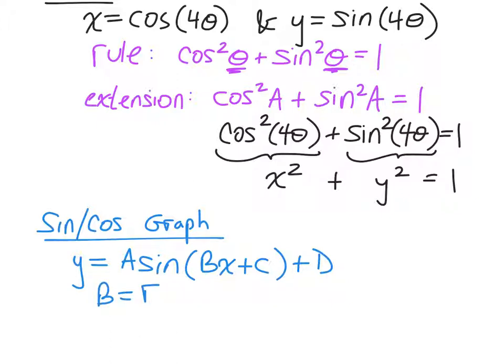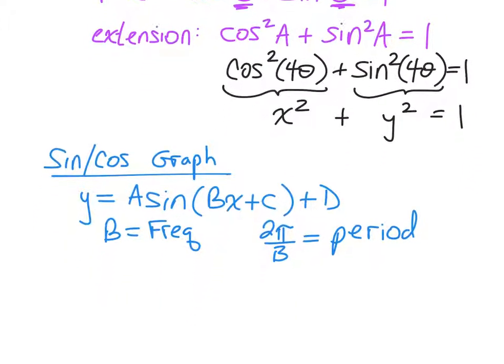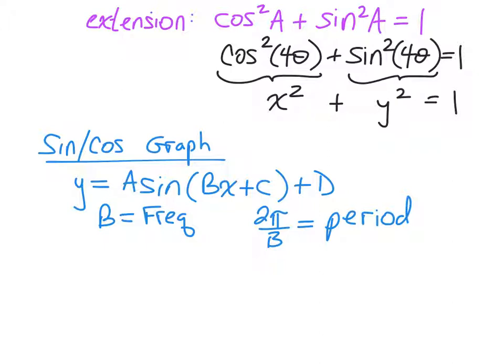B is the frequency. 2 pi divided by b is equal to the period. So when you're determining the period, it's telling you the distance you'd have to travel in order to complete one full cycle.